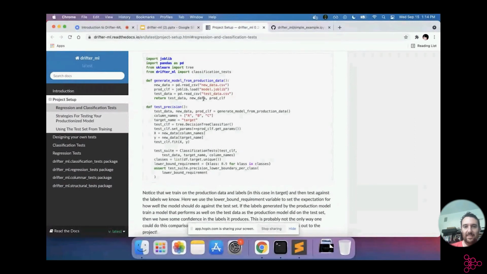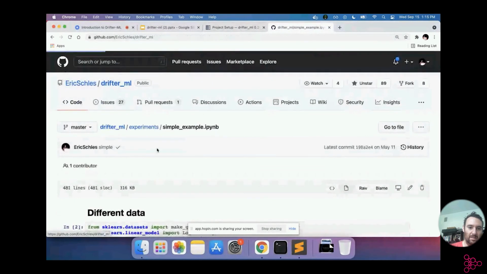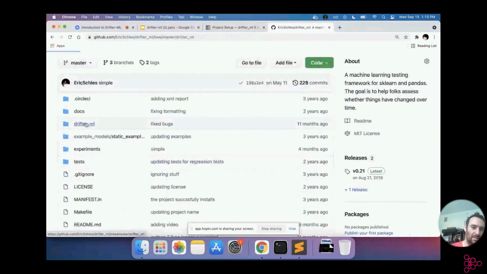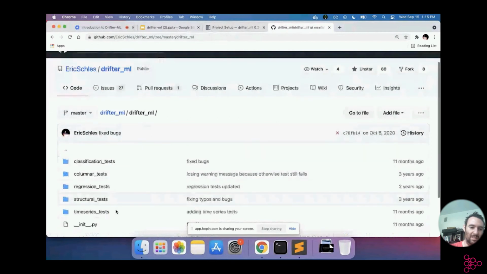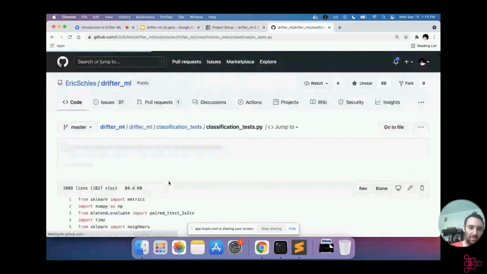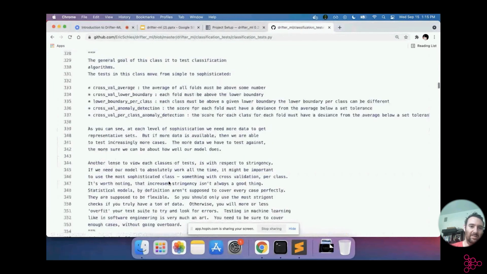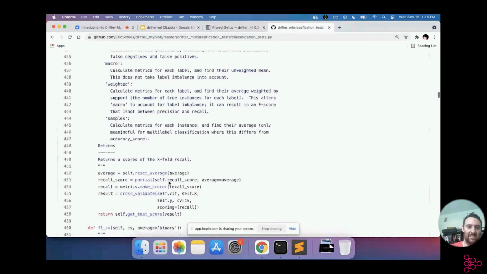That's the whole shebang. It's pretty easy to write these tests. I've got a bunch of them in here, and they're all in the documentation too. I've got documentation in the code, and there are all of these different tests.